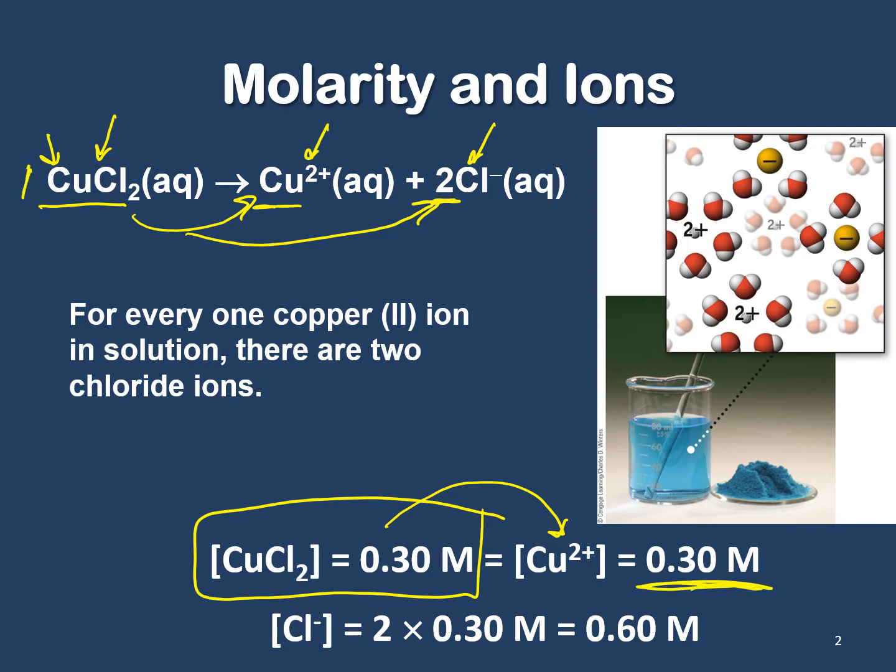The reason why? In the reaction we have a 1-to-1 mole ratio between the copper(II) chloride ionic compound and the Cu2+ ion. However, because we have a 1-to-2 mole ratio for chloride, the concentration of chloride present in the solution is 2 times that of the ionic compound, because for every 1 ionic compound I dissolve, I get 2 chloride ions, making its concentration 0.6 molar.